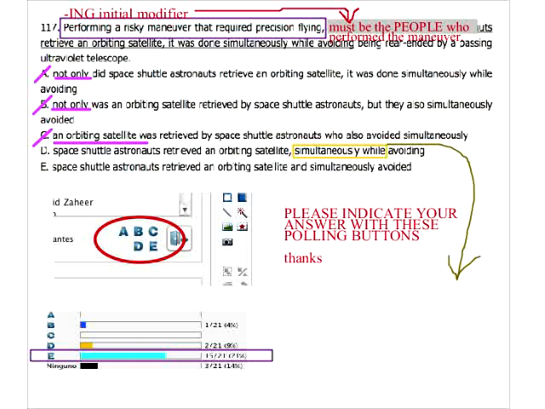For instance, you wouldn't say annual salary per year. You would either say annual salary or salary per year, but not both annual and per year. In this case, both simultaneously and while are conveying the meaning of simultaneity, and that's not okay.